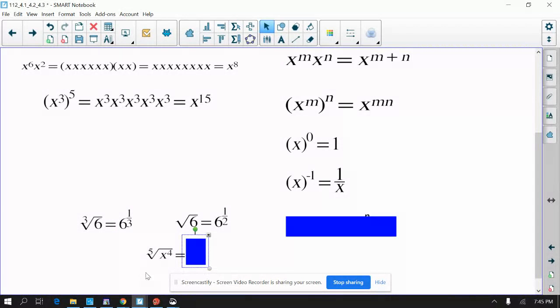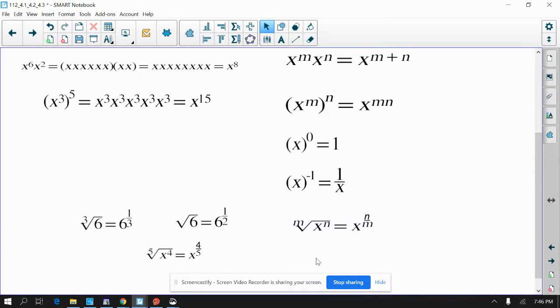So in general, this number 5 is called the index of the radical. That is always in the denominator, and the exponent on the radicand, that's the thing inside, is the numerator of your exponent. So here it is in general form. The mth root of x to the n is the same thing as x to the n over m.